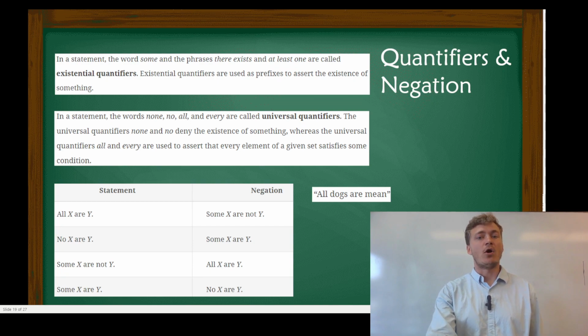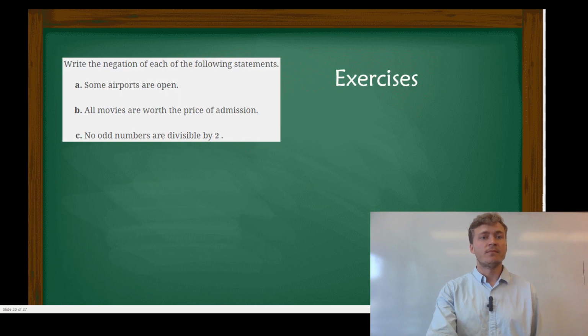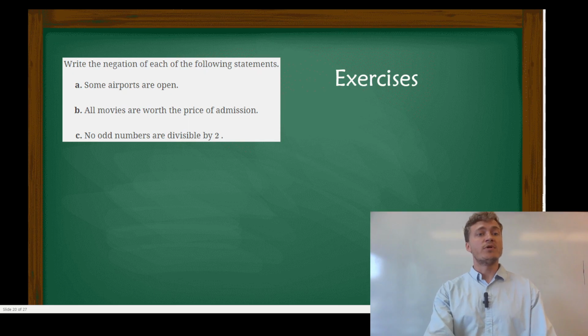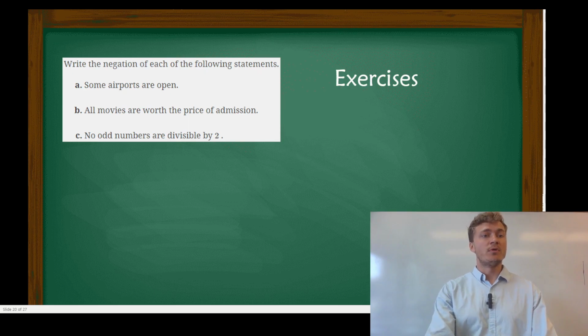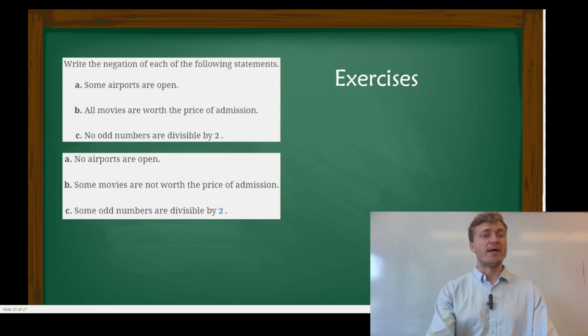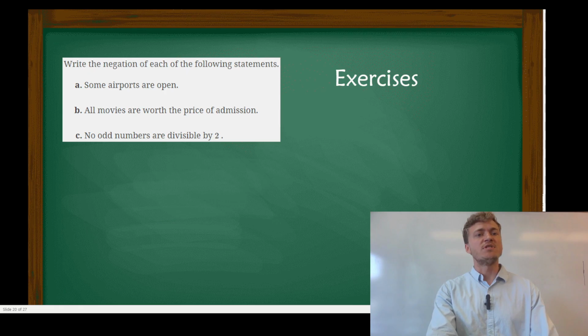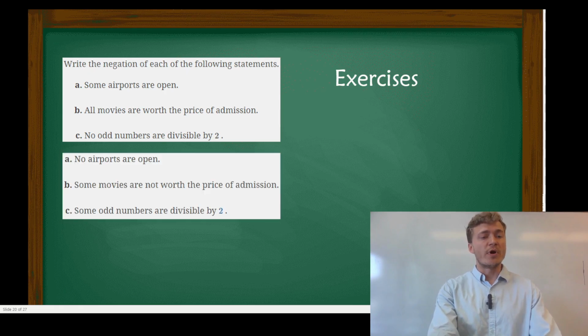How would we negate all dogs are mean? Well, think about the first statement: all X are Y, all dogs are mean. So in this case, some dogs are not mean. Write the negation of each of the following statements. Some airports are open. All movies are worth the price of admission. No odd numbers are divisible by 2. So start with the first example. Some airports are open. Well, the negation of that is no airports are open.